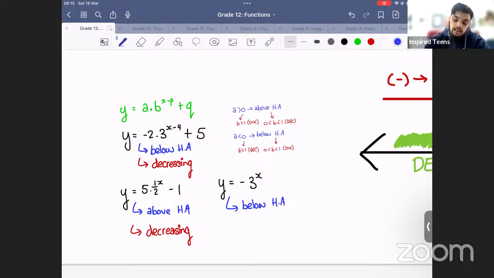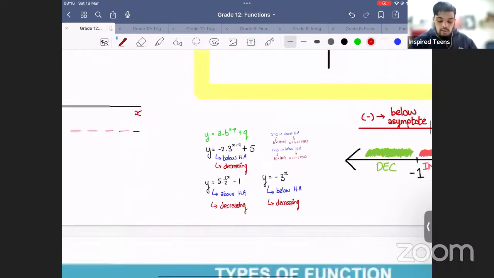Now tell me, is it an increasing function or is it a decreasing function? Okay, decreasing, excellent, because it's below and greater than 1. Cool, let's move on.